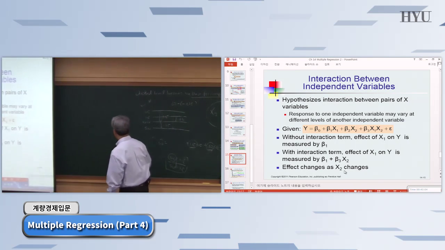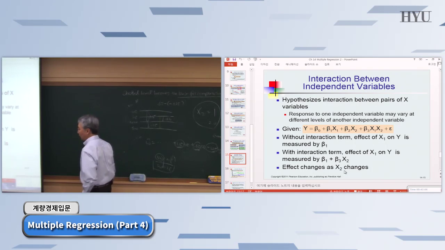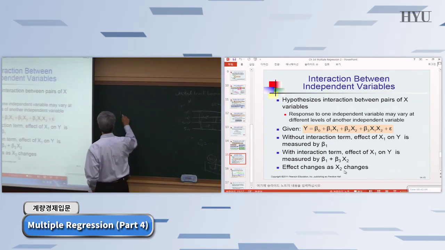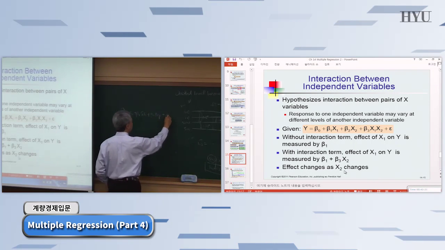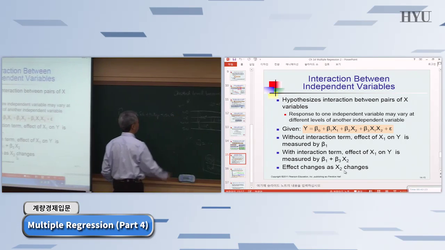Here, in my typical example, we have beta naught plus beta 1 schooling, plus beta 2 experience, plus beta 3 gender.